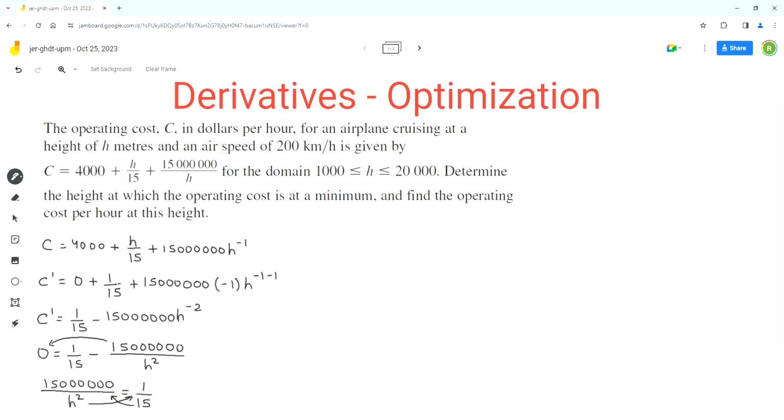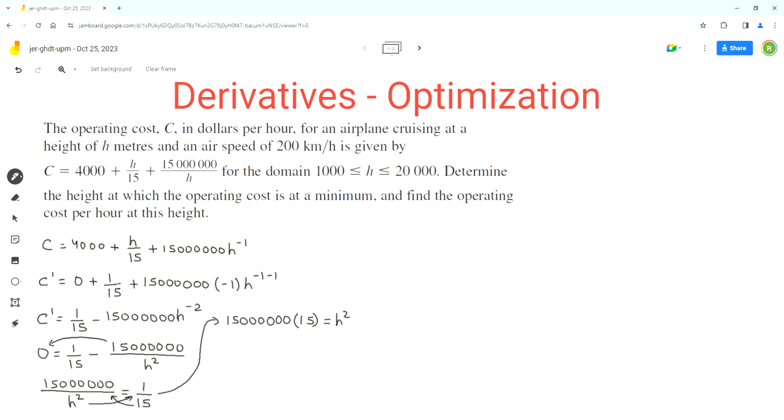That way we'll be able to isolate h on the right side of this equation. So our step will be 15 million times 15 equals h squared.